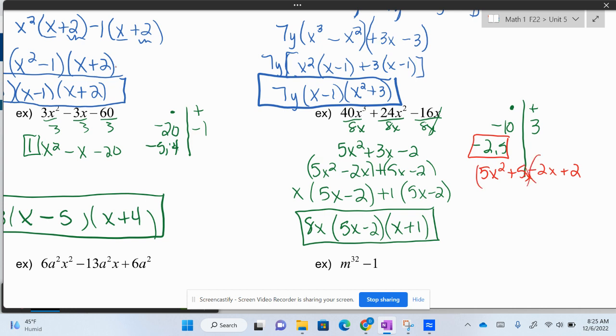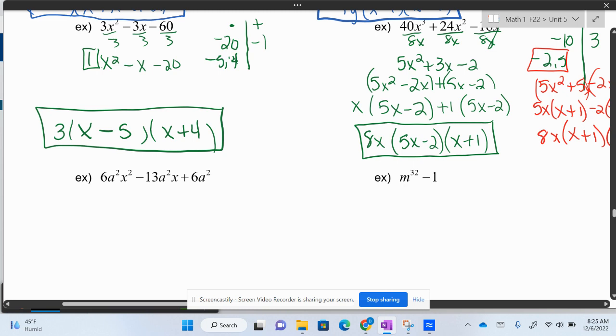But I want to show you that you still get the same result. You can take out a 5x, that leaves you with x plus 1. You can take out a negative 2, that leaves you with x plus 1. So I still have the 8x that I took out originally times x plus 1 times 5x minus 2. So I just want to show you that the order that you put your factors in doesn't matter as long as you have the right signs on them. Does that make sense? Okay.